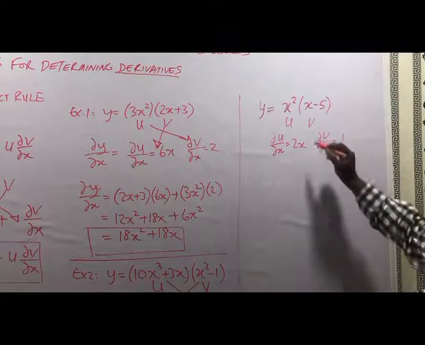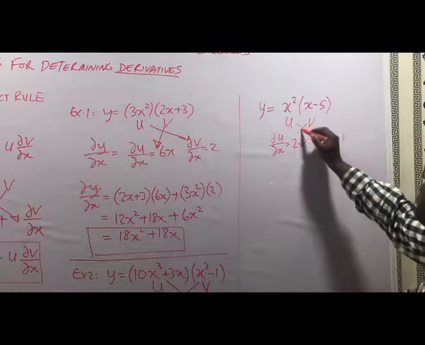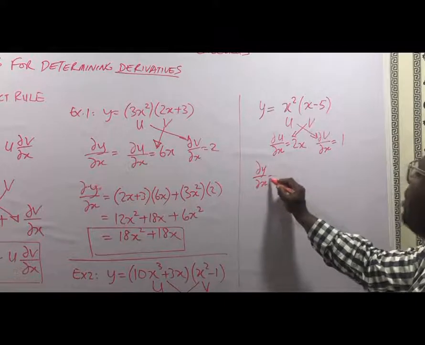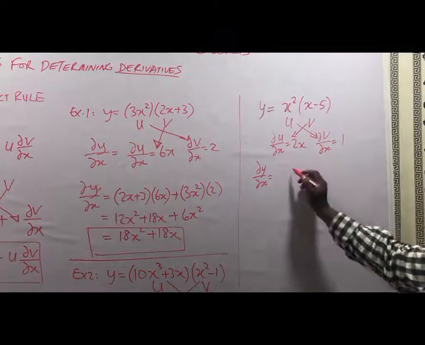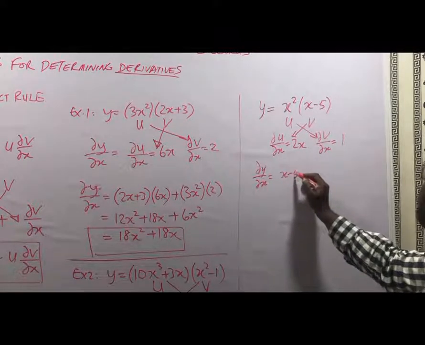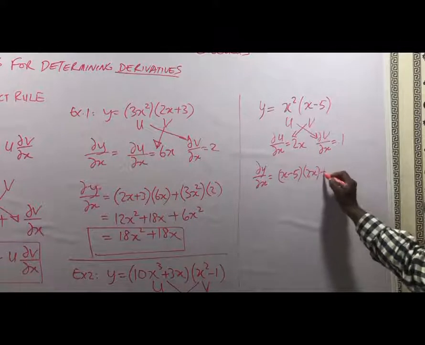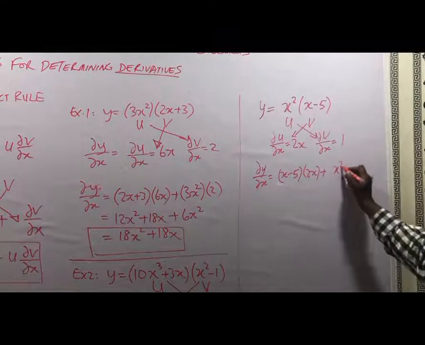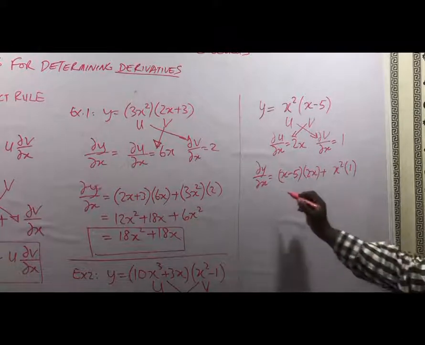So what we now do is cross multiply this against this and this against this. So dy/dx will be v times this, so this is x minus 5 times 2x, plus u, this is x squared times 1.